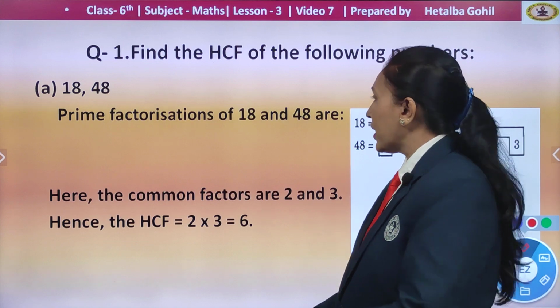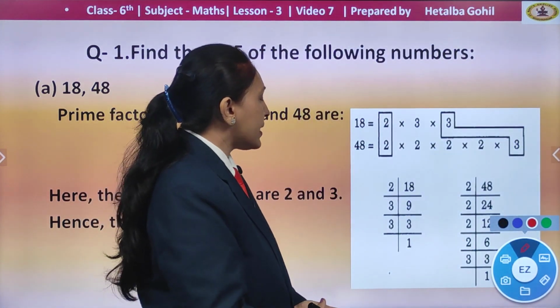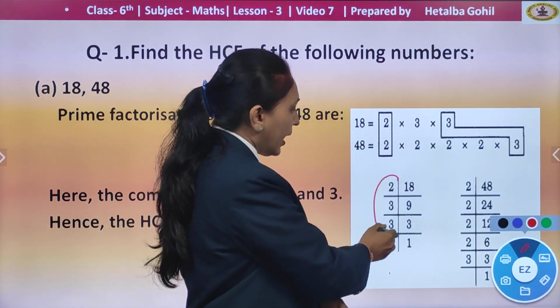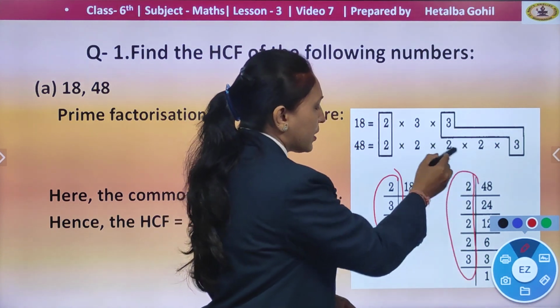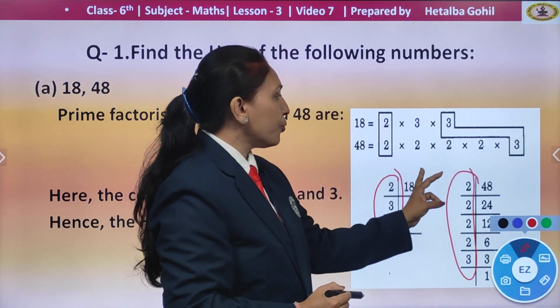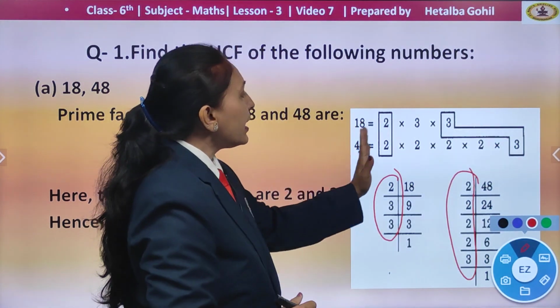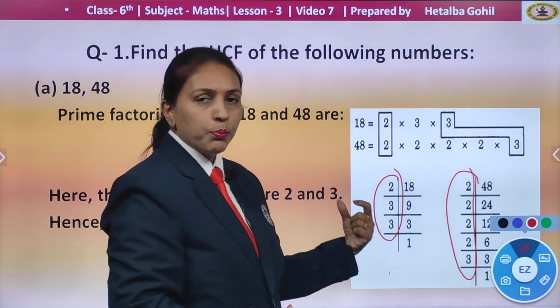So by using the division method, children, we'll find the prime factors of 18, which are 2 into 3 into 3, and for 48, the prime factors given in the first column here are 2 into 2 into 2 into 2 into 3. Now after listing the factors, we have to search the common numbers in both.